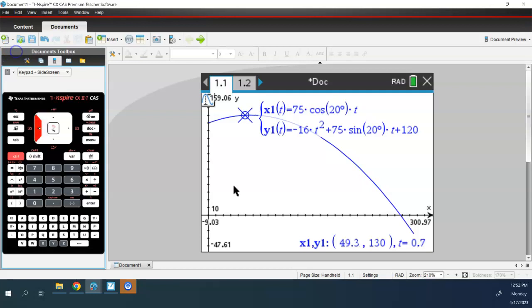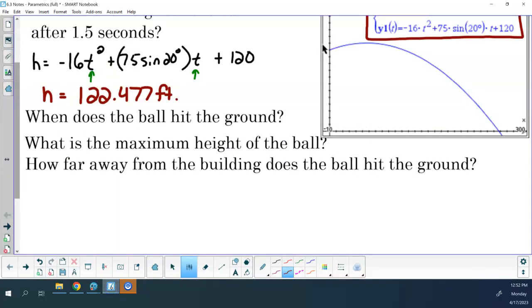But, as you can see, it's not necessarily always exact. The question was, when does the ball hit the ground? Well, it's somewhere in between 3.7 and 3.6 seconds. So let's try that one algebraically.